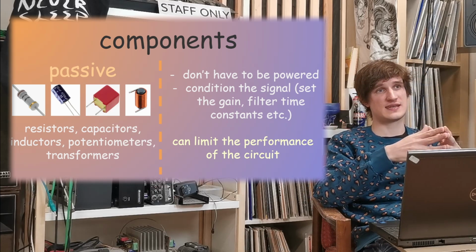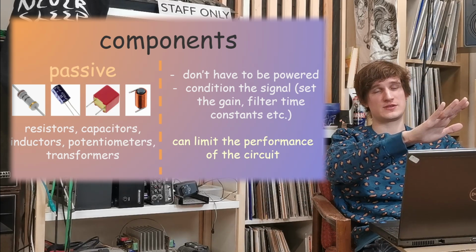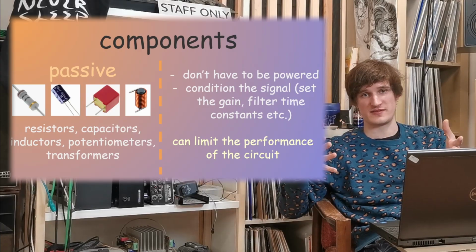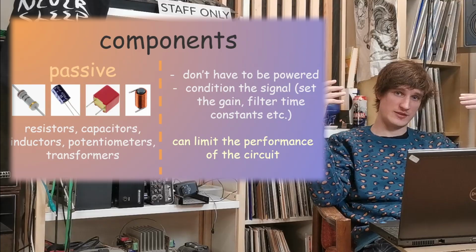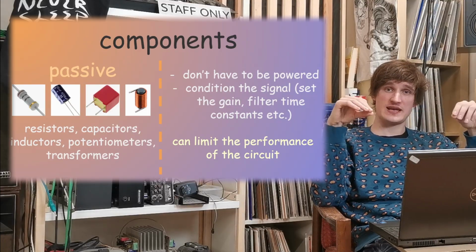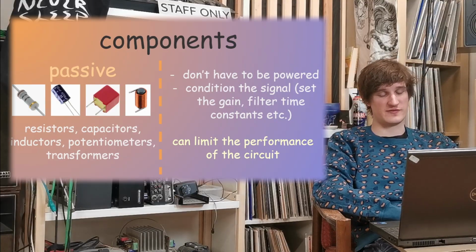You can't say that, okay, if the manufacturer states that this THD is minus 120, I will use the chip and achieve the same figures. And unfortunately, no. With bad selection of passive components, you can limit the performance of this circuit.